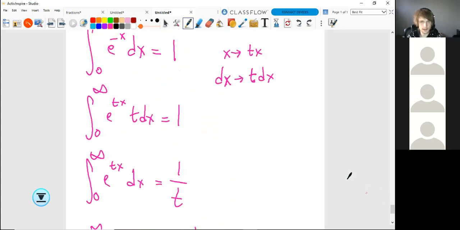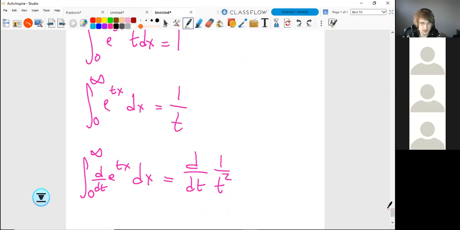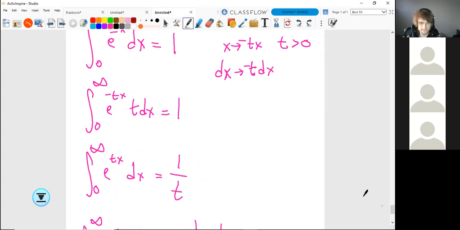Actually, let's say that t is greater than 0 and this is minus. There we go. We want a minus sign on this. So then this becomes a minus right here.